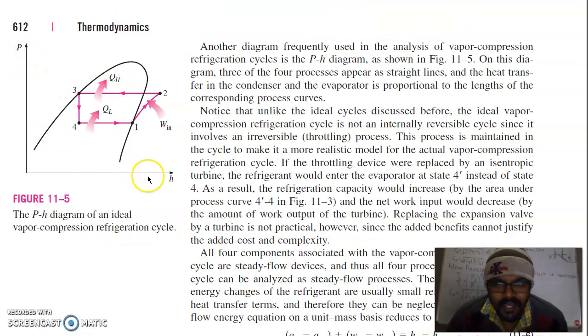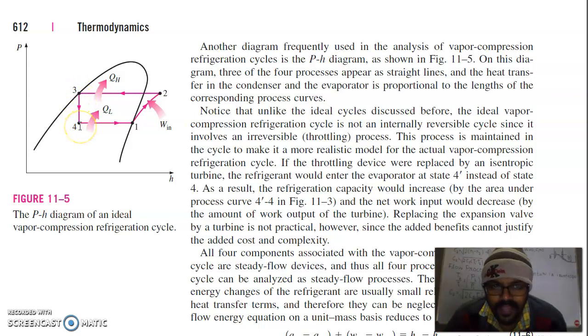So here is the P-h diagram for the same cycle. 1 to 2 is your isentropic compression process, where pressure is raised from P1 to P2. Then 2 to 3 is your condensation process in the condenser at constant pressure, so P2 and P3 are the same. 3 to 4 is your expansion in the expansion valve.